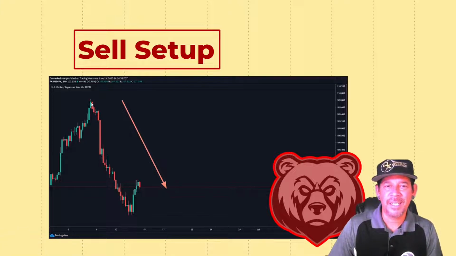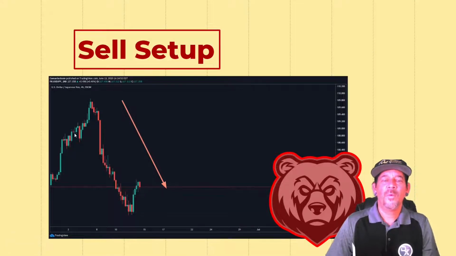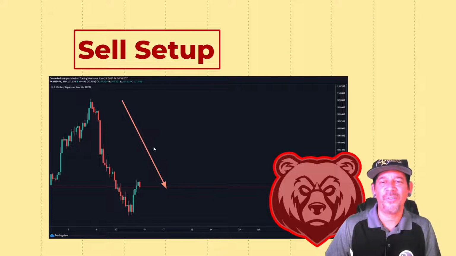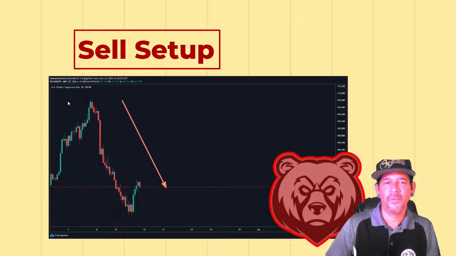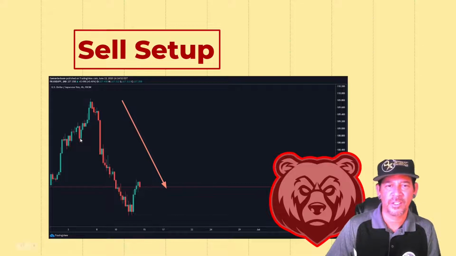And then the Japanese yen said, not in my house, and started coming back. Think of a graph as the scoreboard of the game between these two teams. That's all a graph is. At first the home team was winning, and then the away team started coming back.